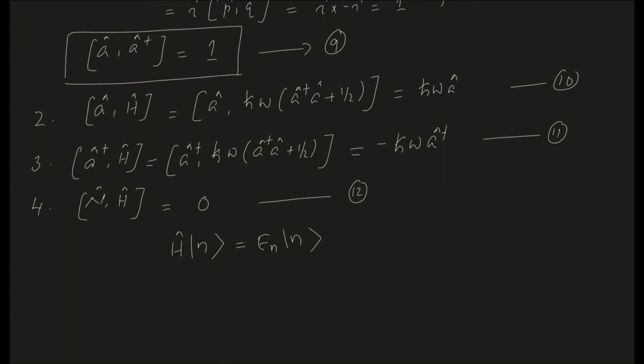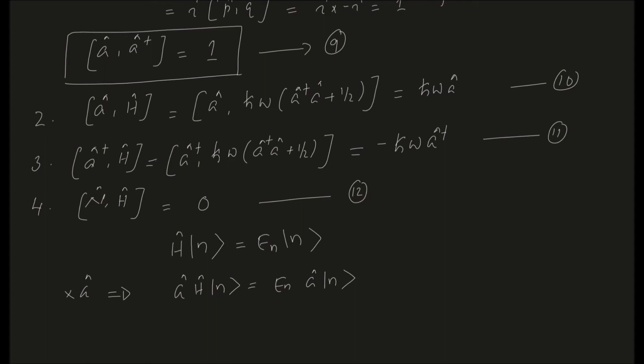Now let's multiply both sides of this expression from the left by the operator A. If you multiply with the operator A from the left side, what you get is A H |n> equal to E_n, which is some number, times A |n>.